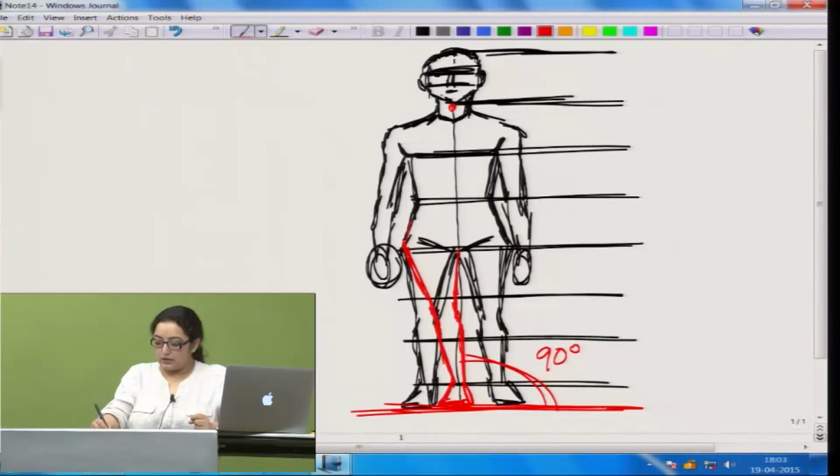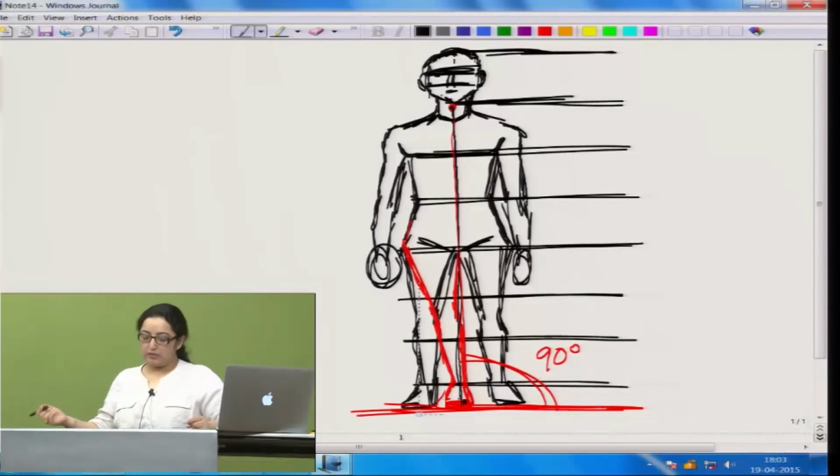So, we must consider that the part here should be aligned to this body part. So, this point and this point should come in a 90-degree view, and that way we can make the body stand in many different ways.